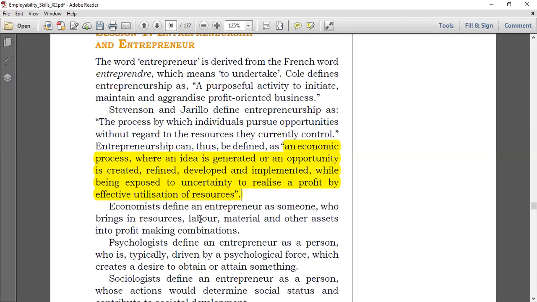So we create that thing, then we refine that thing, we polish that thing, right? उसको develop करते हैं, उसको implement करते हैं, so that we can get a good profit, and we could utilize all sort of resources that we have, right? तो एक तरह का business शुरू करना is entrepreneurship, individual level, at your own level, right?